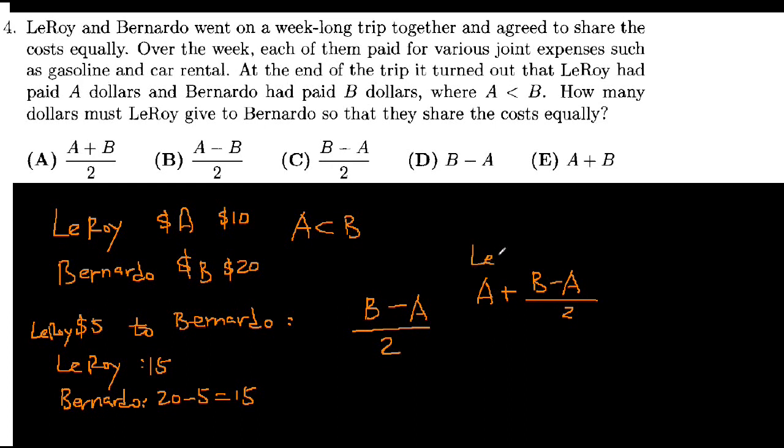This is for Leroy, and for Bernardo it would be B minus what Leroy gave to him, and both are equal. So the answer would be C in this case.